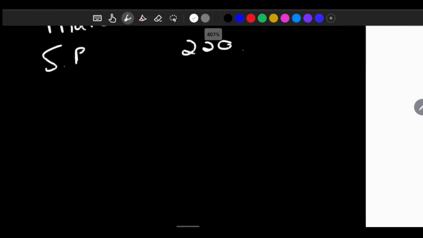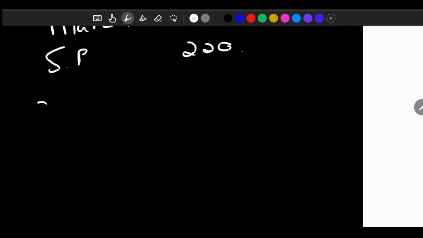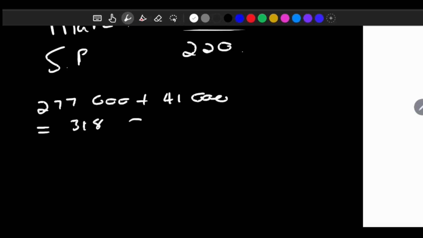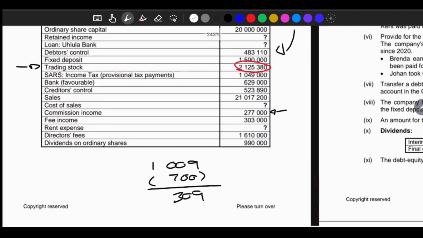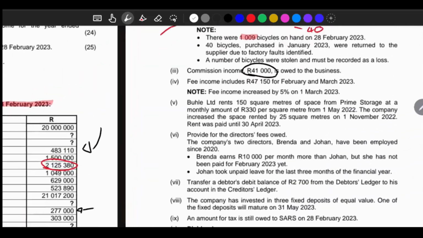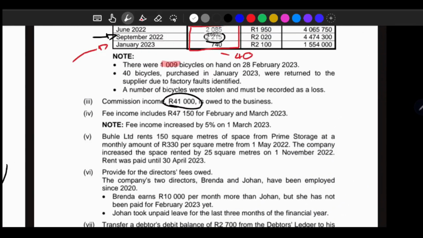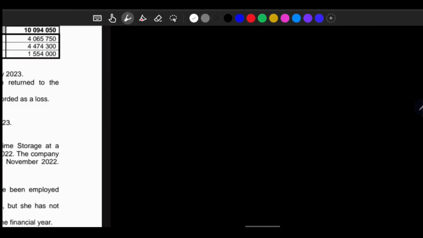Commission income, we said that it will be 277,000 plus 41,000, and that will give us 318,000, right? If you're not sure what is happening here, 277,000 comes from our balances, 41,000 comes from the information, right? Commission income is owed to the business, it's owed to us in the current financial year, right?